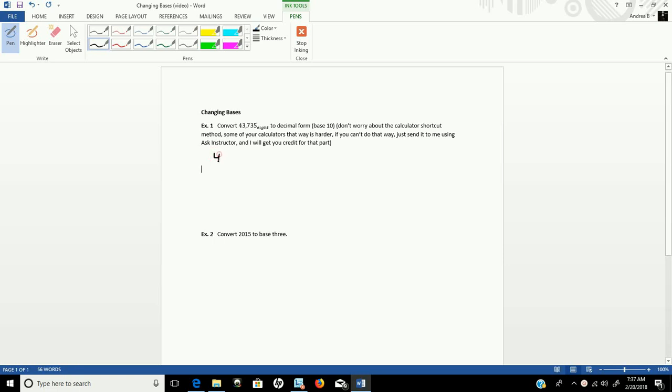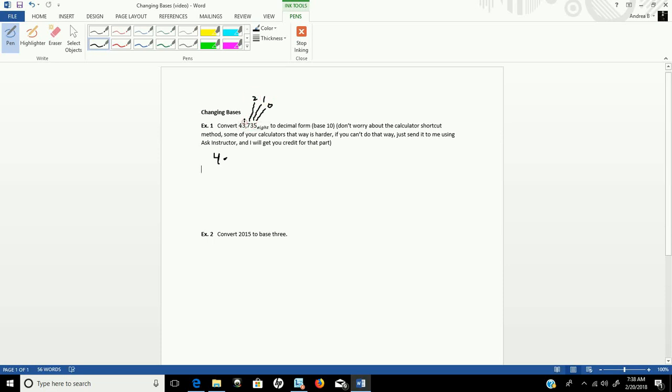What you do here is you do 4 times, and to figure out what exponent you need on those 8s, this 5, for instance, would have an exponent of 0 on the 8. The next one over, the 3, would have an exponent of 1. The 7 would have an exponent of 2, and so on.